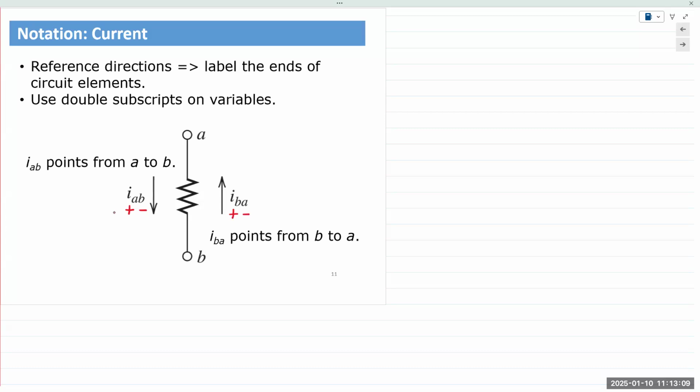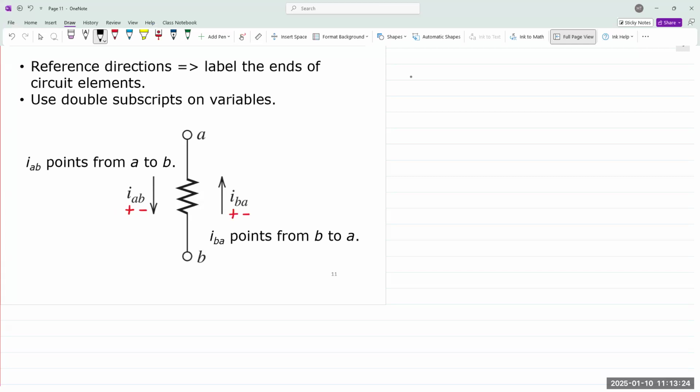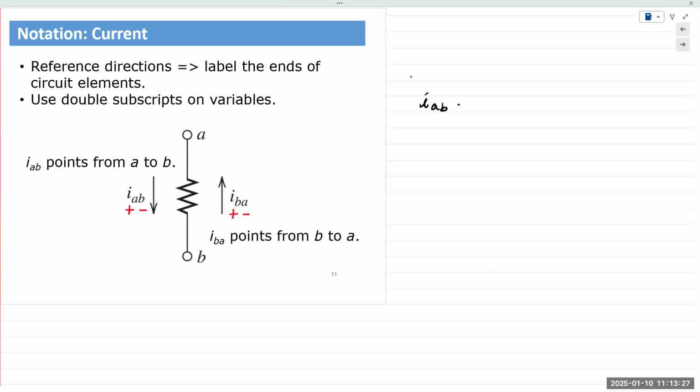In real life, it makes no difference. Mathematically, we insert a minus sign in there to actually balance out our equations. So IAB has the exact same magnitude as IBA.